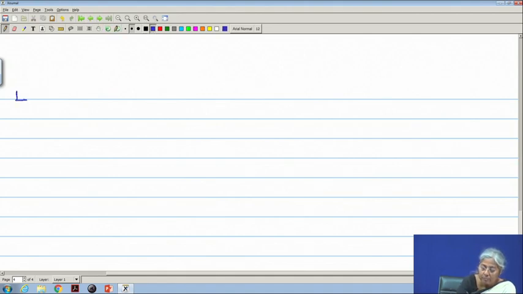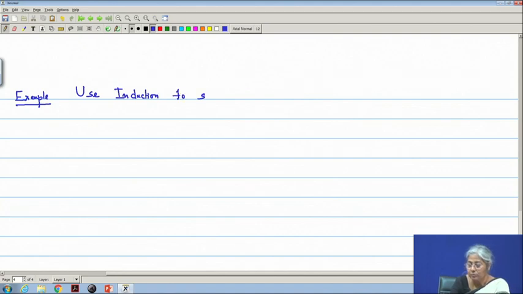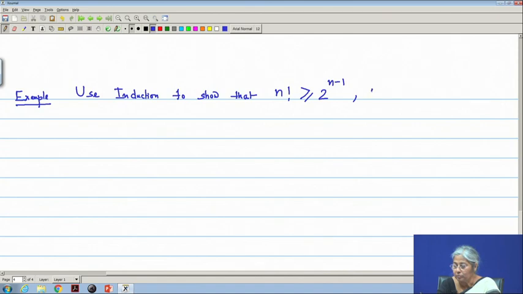Take one simple example: use induction to show that n factorial is greater than or equal to 2 to the power n minus 1 for all n greater than or equal to 1.